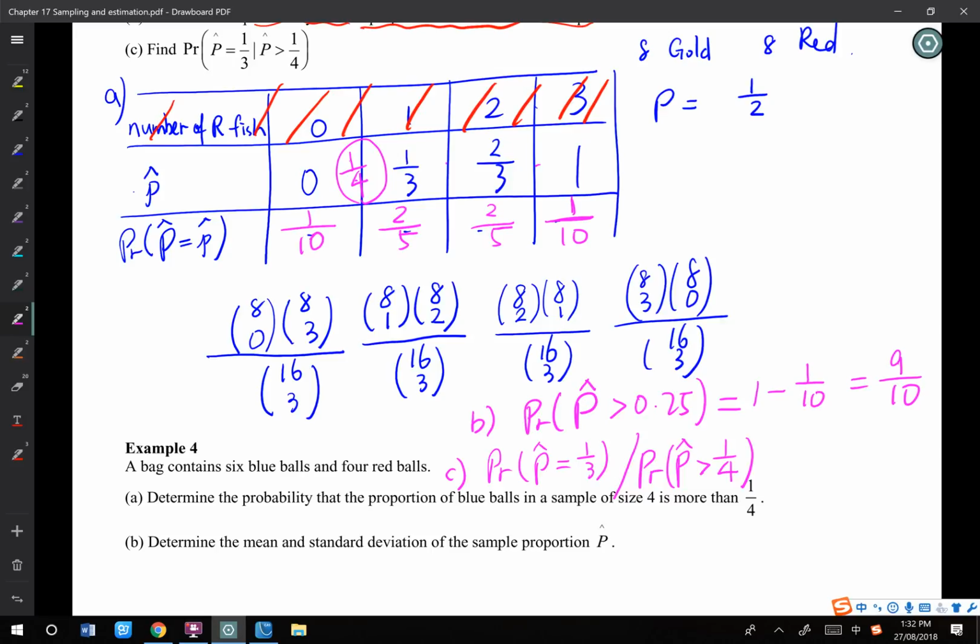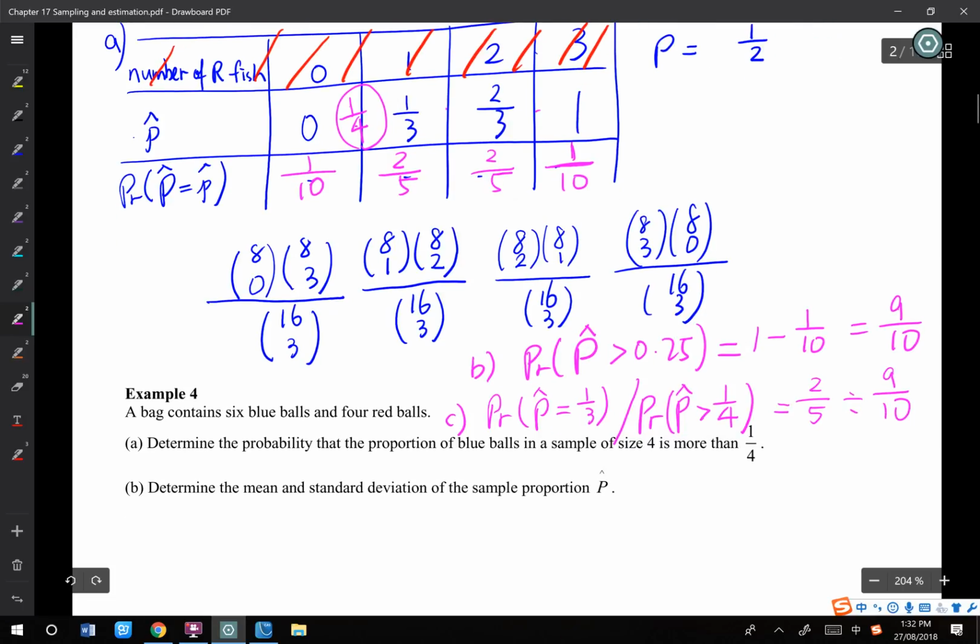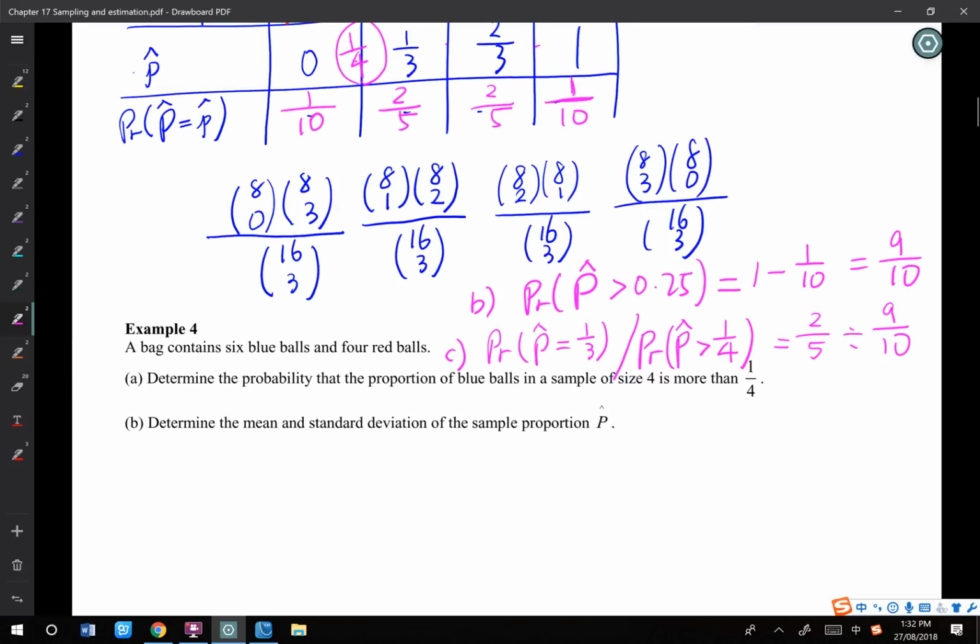So what we have here is 2 over 5 divided by 9 over 10. Okay, greater than a quarter is what we worked out before in the previous line. 2 over 5 is the probability that your P hat equals to a third, divided by greater than a quarter, that's 9 over 10.